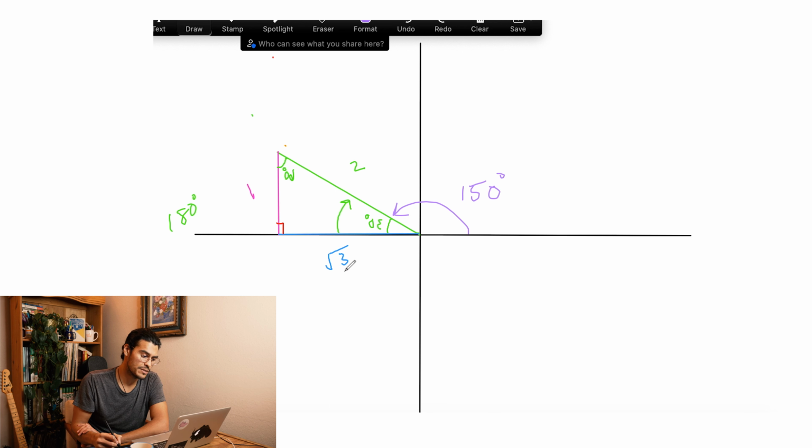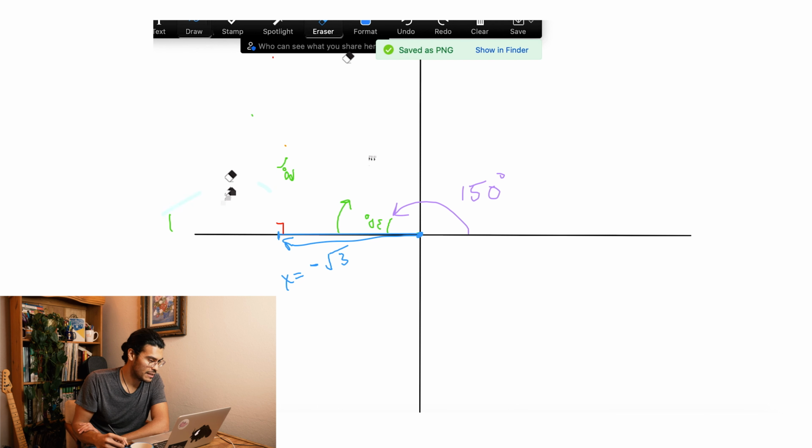The only difference is, because we have a triangle facing this direction, like we said in our first video, this side is going to be negative root 3. We're measuring our side as an x value that goes from the origin to that point, and the x value that the side terminates at is negative root 3. You can check the Pythagorean theorem. Even though it's negative, squaring it will still wind up with the same situation.